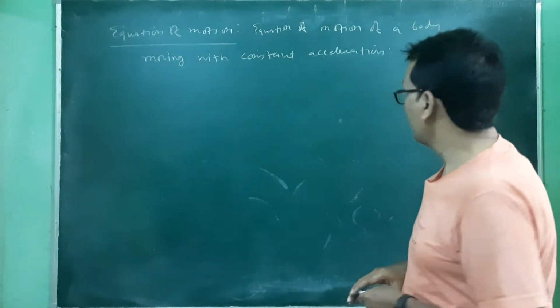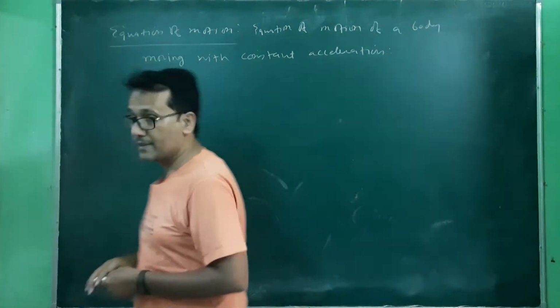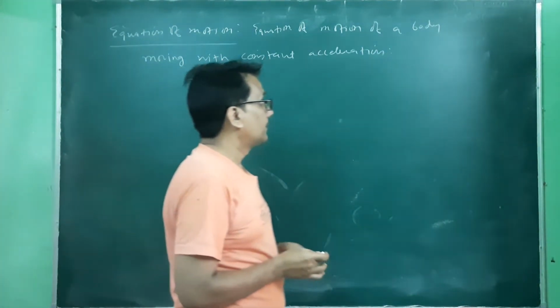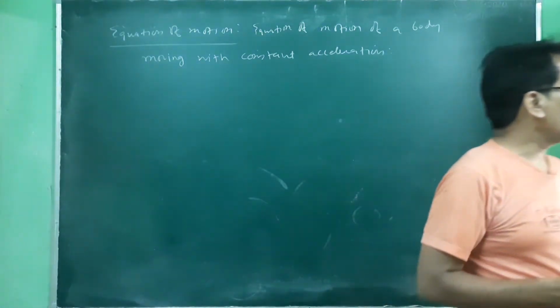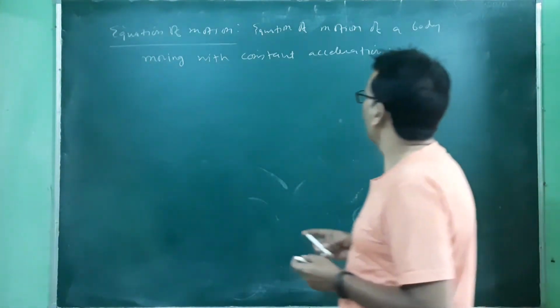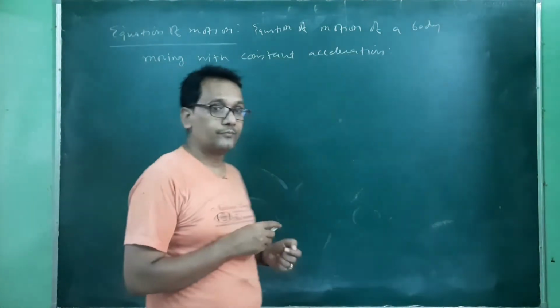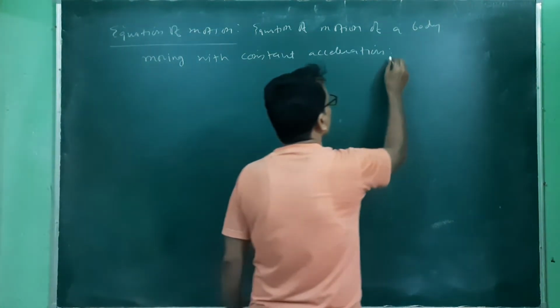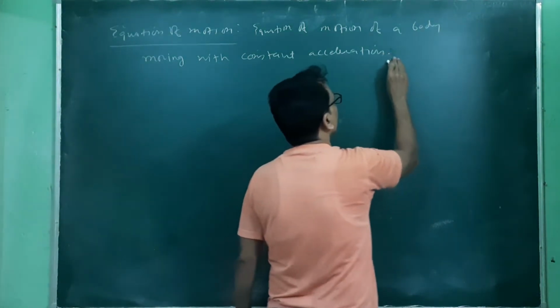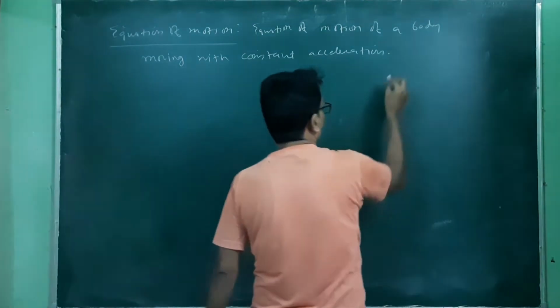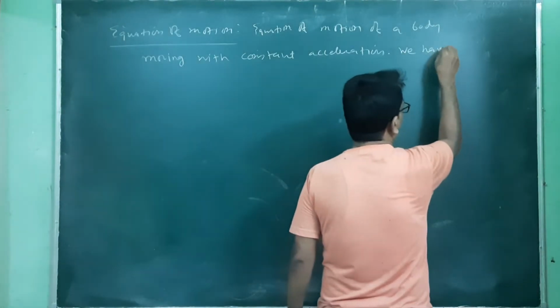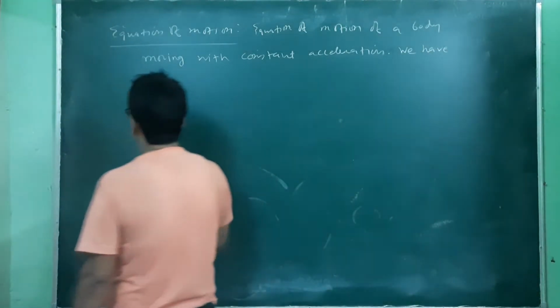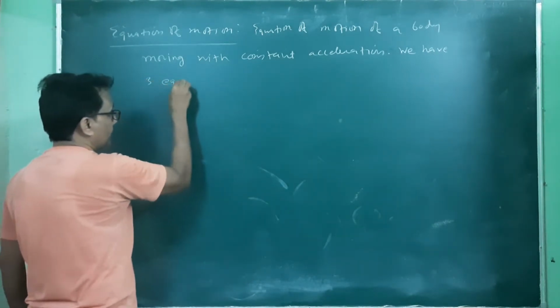So the equations of motion are actually the equations of a body moving with constant acceleration. We have, in general, three equations of motion.